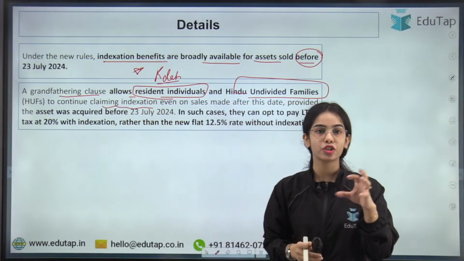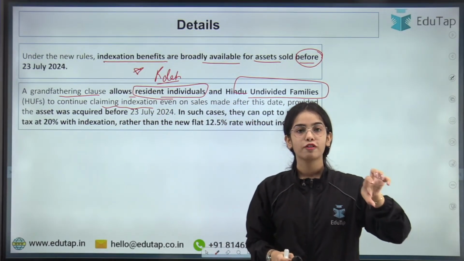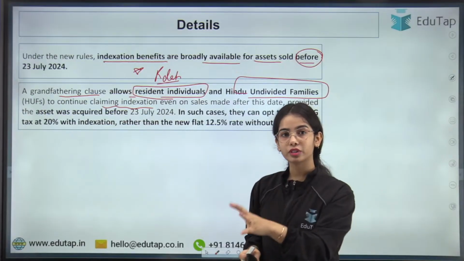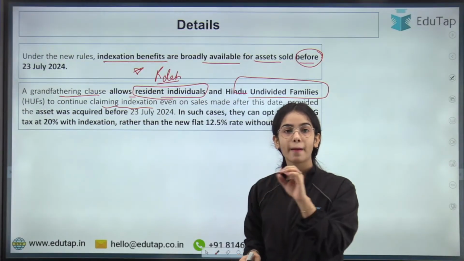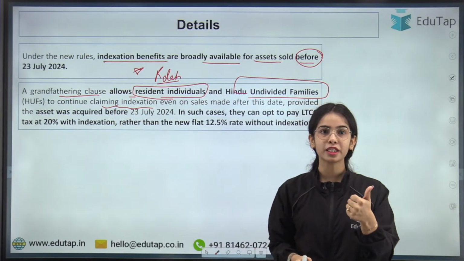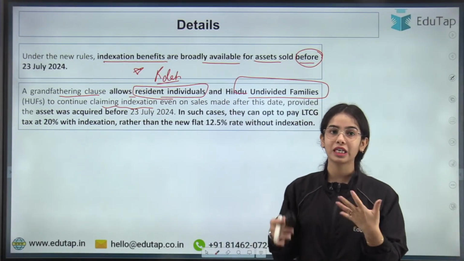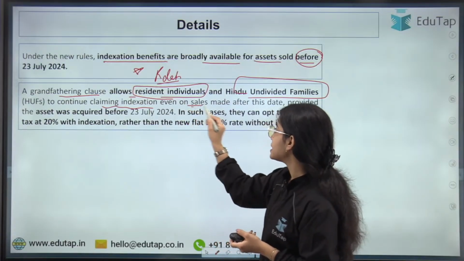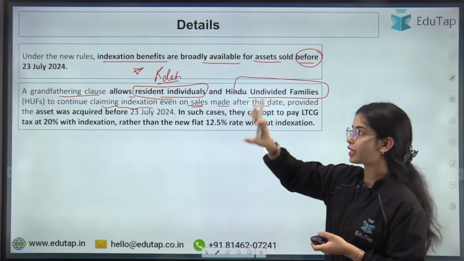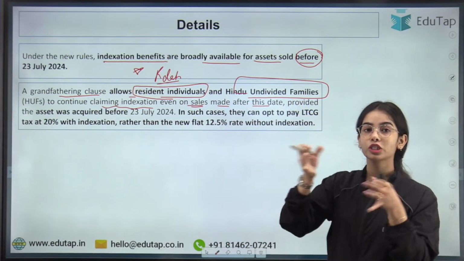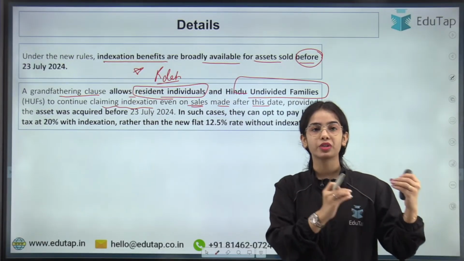Basically, the indexation benefits have been removed for the property that is sold after 23 July 2024. But remember that for the resident individuals and Hindu undivided families, this indexation benefit will continue even on sales made after 23 July 2024 if the property was purchased before 23 July 2024.